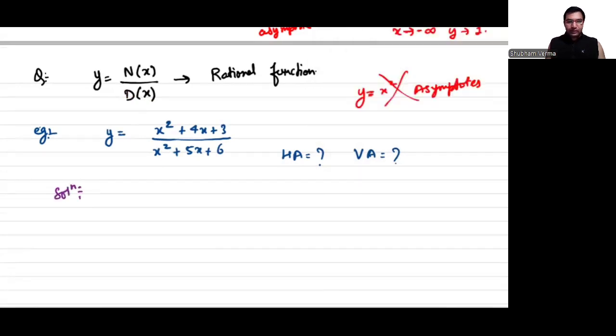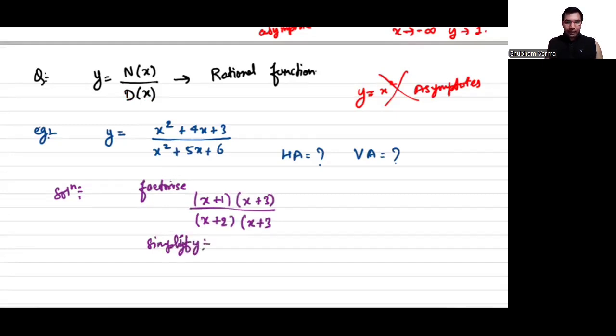The very first thing is to factorize it and cancel out whatever are the common terms. So when I factorize the numerator, two numbers whose sum is 4 and product is 3 are 1 and 3. So I can write it as (x plus 1) times (x plus 3), divided by, two numbers whose sum is 5 and product is 6, so 2 and 3, (x plus 2) times (x plus 3).